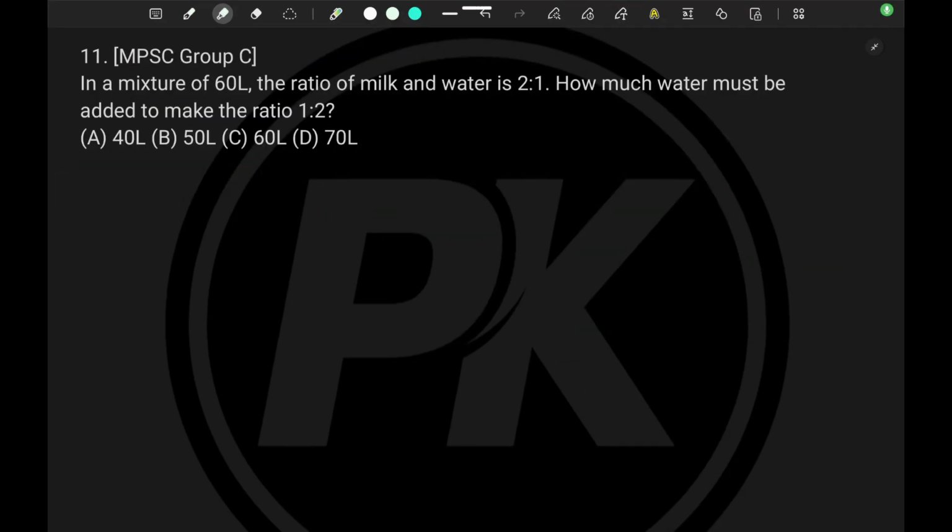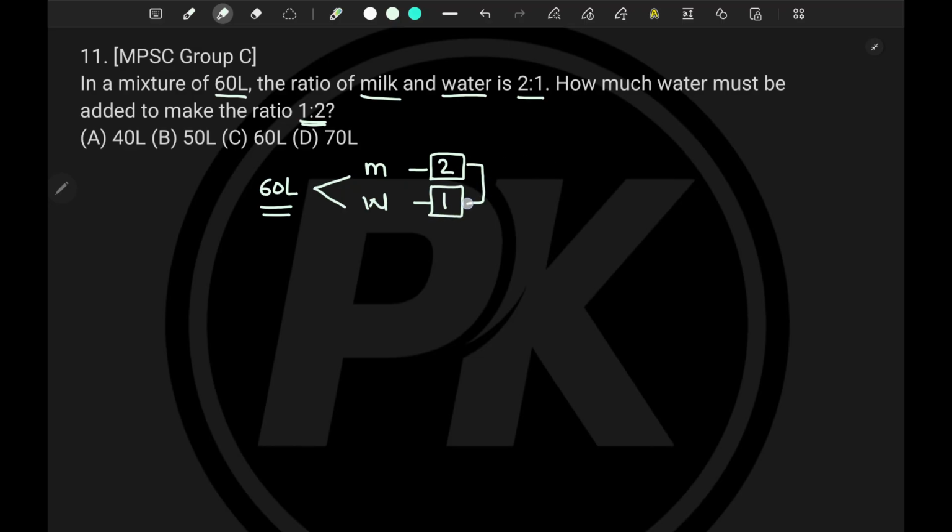Okay, so let's see problem number 11. What is given? In a mixture of 60 liters, the ratio of milk and water is 2 as to 1. So in this 60 liters we have milk and water, and their ratio is 2 as to 1. How much water must be added to make this ratio 1 as to 2? From this 60 liters, 2 portions are milk, 1 portion is water.